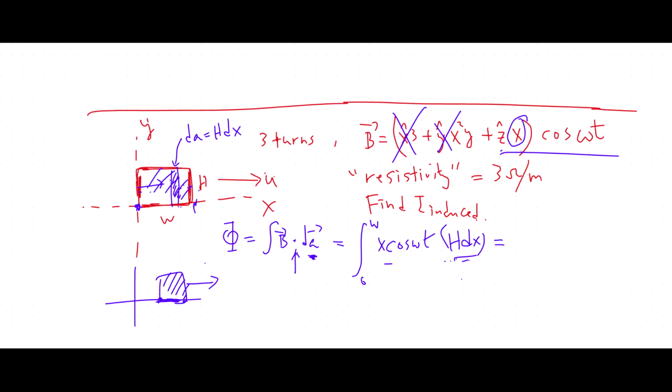So it does matter. You're right, because the B field changes, right? Does it always change? No, it depends on what is given here. If I give you a constant, then you don't have to worry about it. Okay.